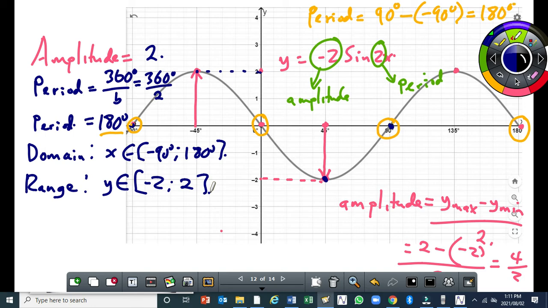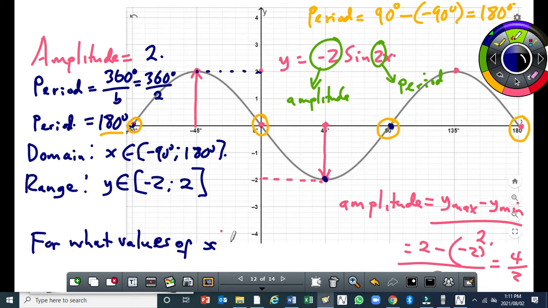All right, now I'm going to ask you an extra question. If you were asked this question here, will you try to determine the answer? For what values of x, in this case, the name of our graph is y.